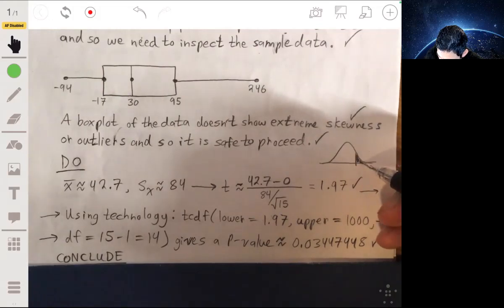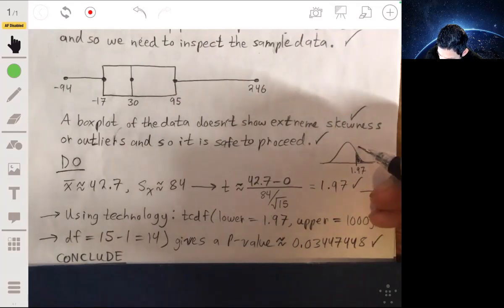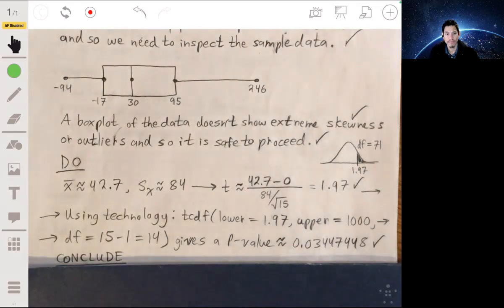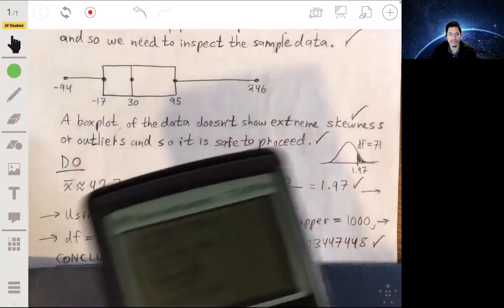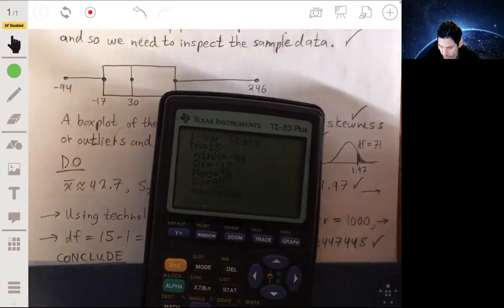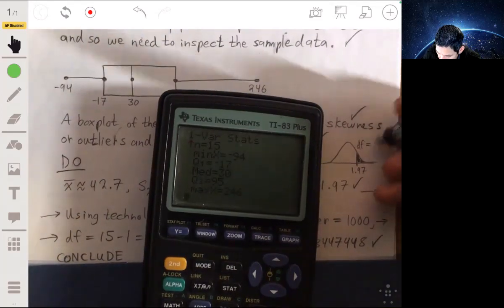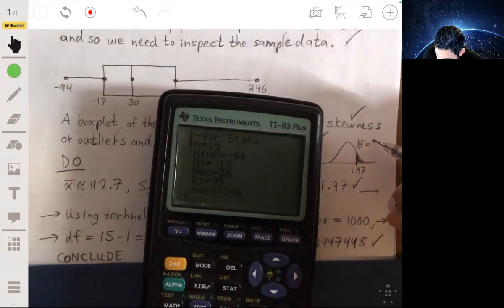I want to look at this shaded portion here to the right of 1.97 in a distribution where the degrees of freedom is, whoops, 14, because 1 less than 15 is 14.